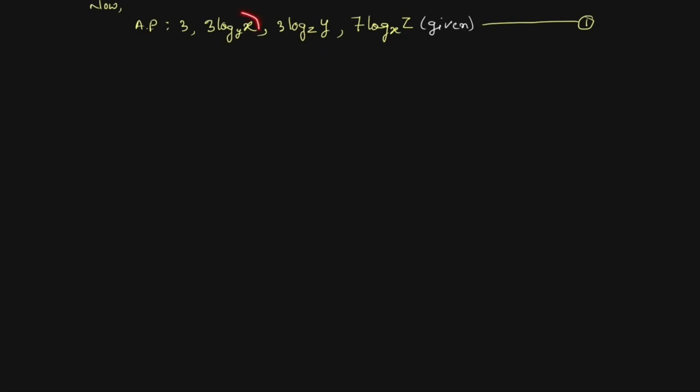Now we are going to find log base y of x, log base z of y, and log base x of z. Log base y of x we are able to write as, so we know that log base m of n we are able to write as log base p of n divided by log base p of m.